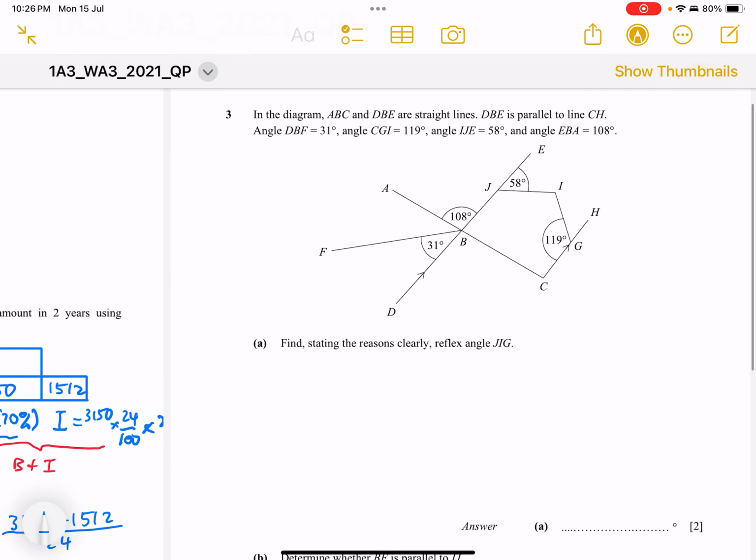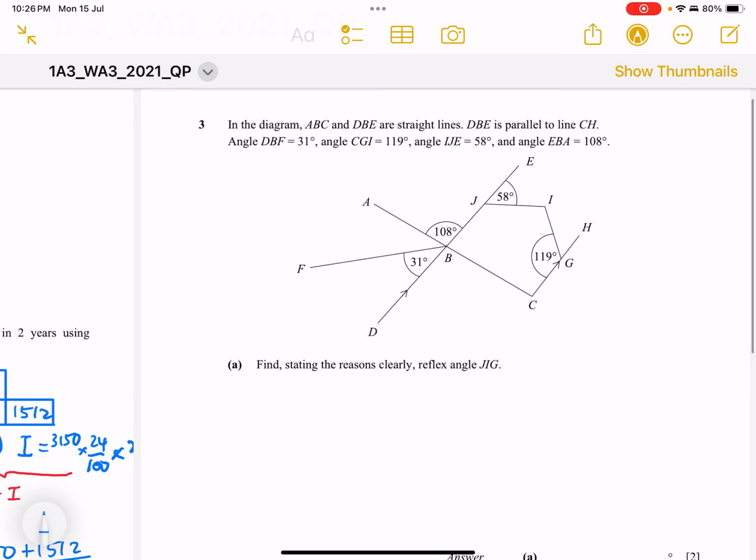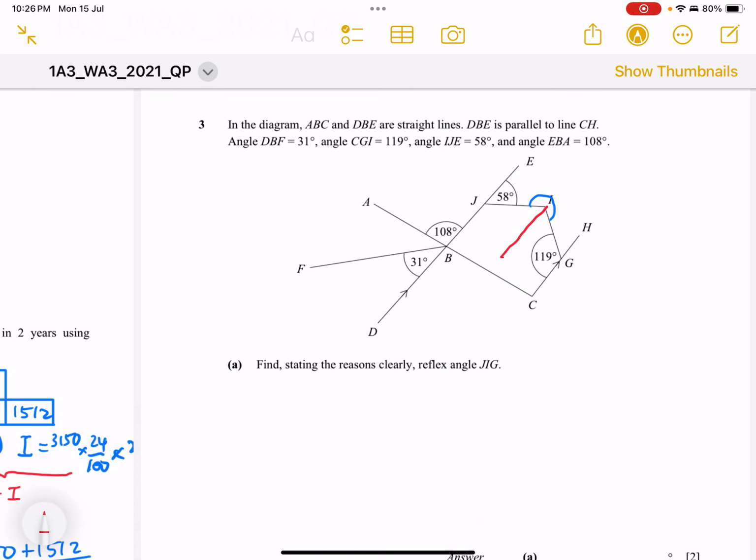The third sum is on angles, and we are required to find the reflex angle JIG, which is this angle here. Now this angle doesn't belong to any parallel line, so we need to introduce a parallel line so that we can solve the sum. Right, so we draw a parallel line here.